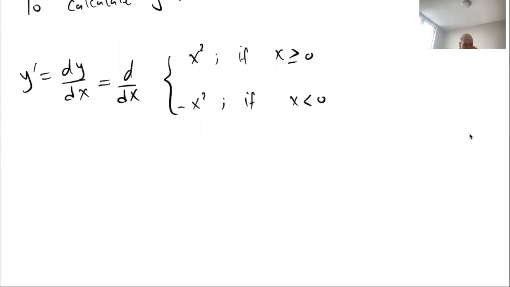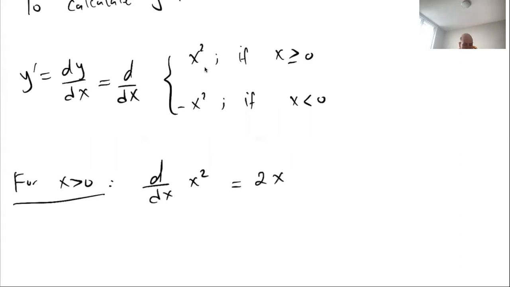Now, if you want to differentiate this function for x bigger than 0, we need to calculate d to dx of x squared, right? This is a piecewise function. For x bigger than 0, we need to use this formula, and derivative of this formula is 2x.